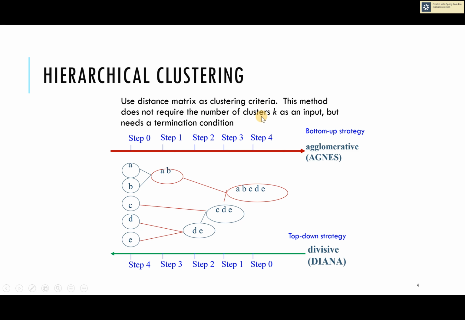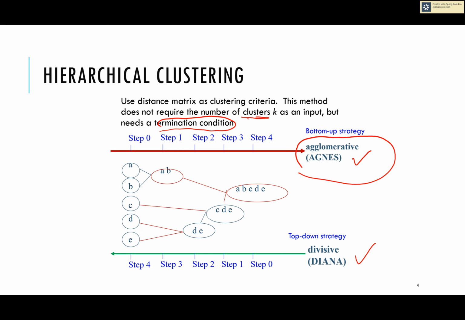This method does not require the number of clusters K as an input, but it needs a termination condition. There are two strategies of hierarchical clustering: agglomerative and also divisive. So usually we are going to use agglomerative.